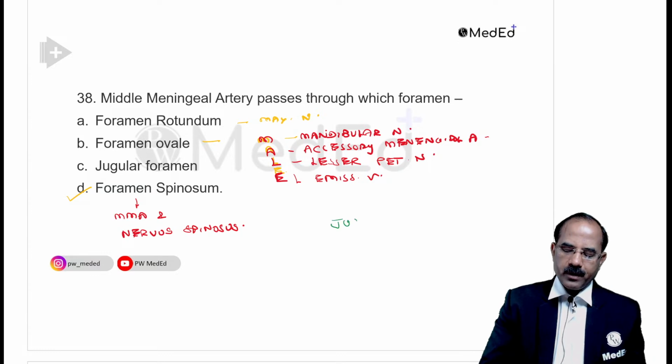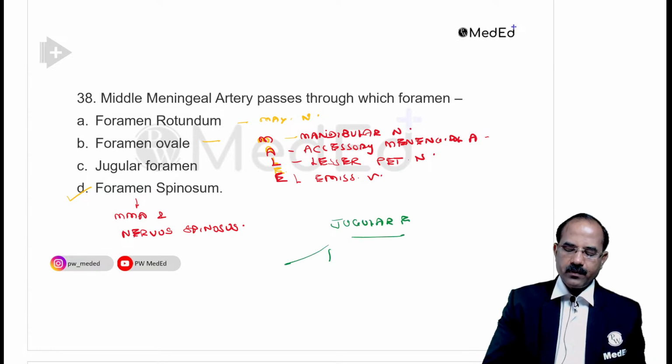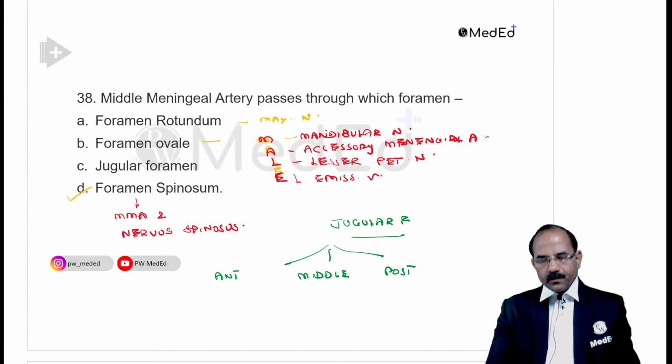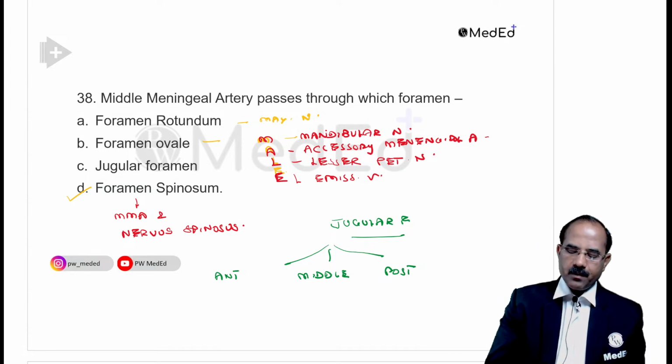The rest is the jugular foramen. Jugular foramen, students. The jugular foramen has three compartments: anterior, middle, posterior. What passes through the anterior compartment of the jugular foramen is the inferior petrosal sinus.